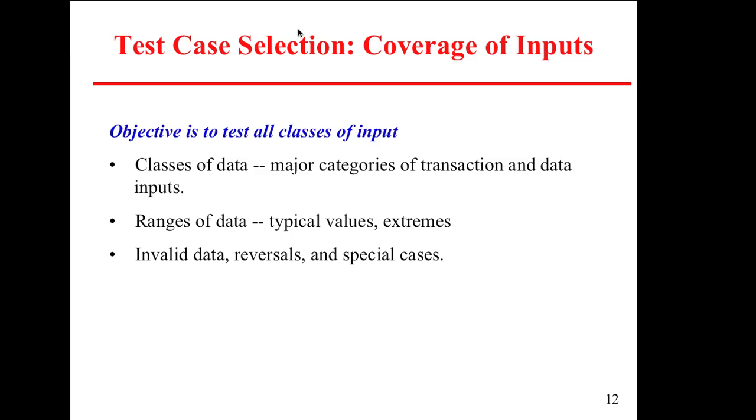Coverage of inputs. This is where I keep talking about coverage. The objective is to test all the classes of inputs. So not only do you have program coverage, where you're testing the features, you also have the concept of input. So you have a high, a low, you have ones that are close to the threshold, that are good values, bad values, and you have... Mutation testing, something like that. Excuse me?